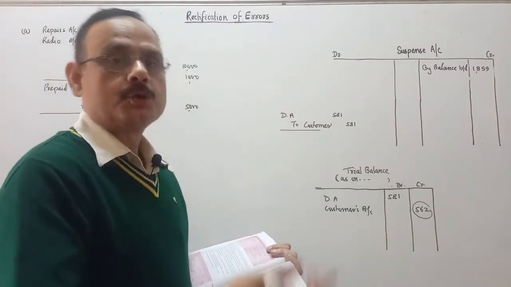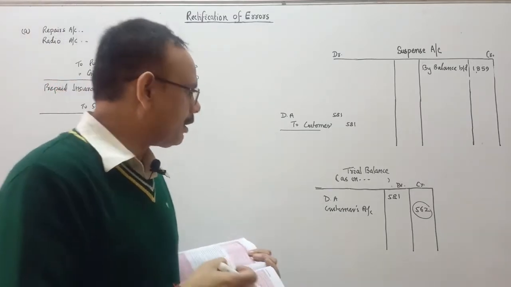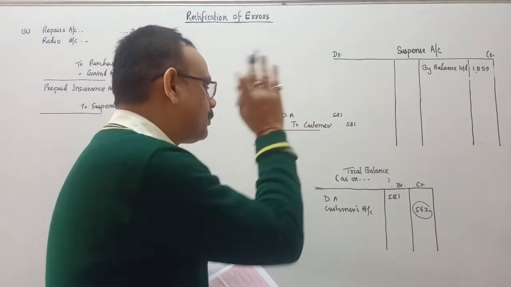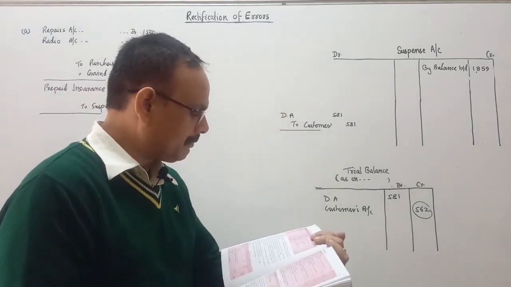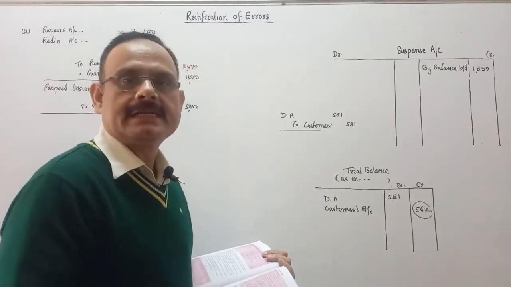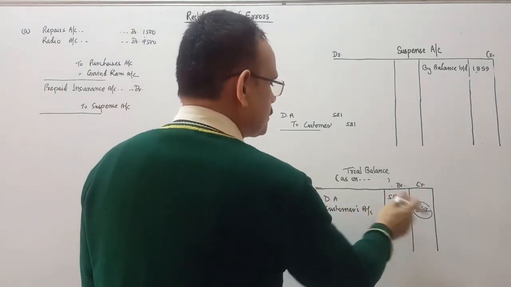Wrong amount is posted. The amount posted in the ledger of the customer on the credit side, instead of 581, the accountant has posted 562. So wrong amount is posted. It's an error of commission.